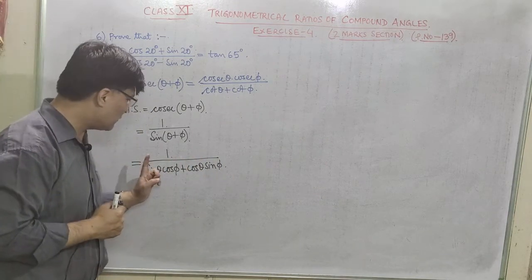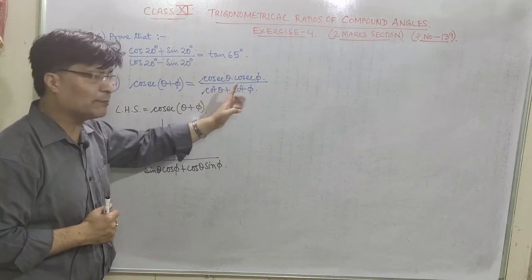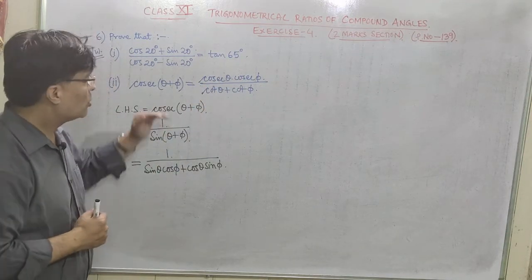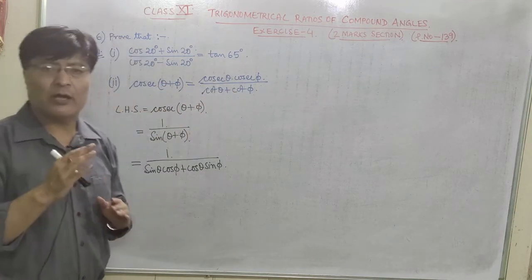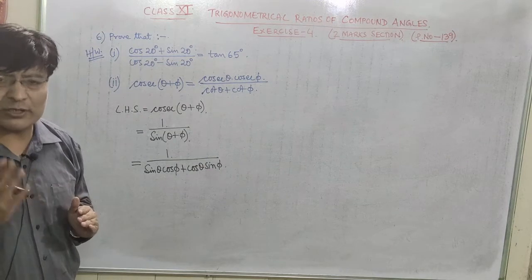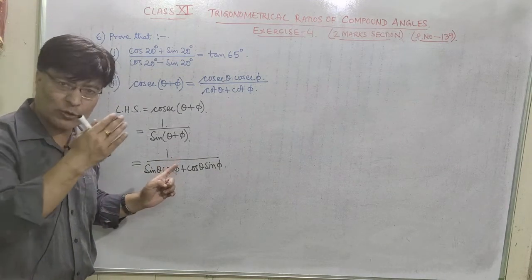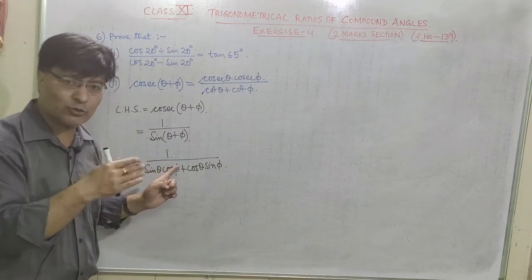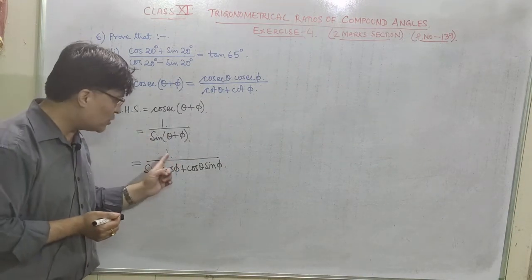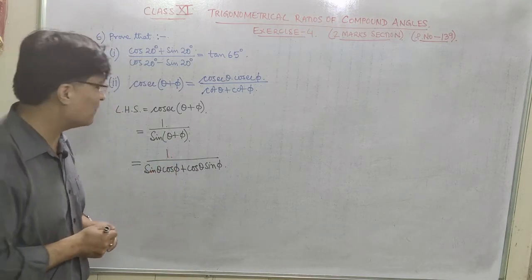So now you have to convert this expression in the form of cosec theta cosec phi divided by cot theta plus cot phi. So you should prove in the numerator cosec theta cosec phi. How can you prove cosec theta into cosec phi? It should be divided by sin theta into sin phi, because we know 1 by sin theta is cosec theta and 1 by sin phi is cosec phi, isn't it? That means you have to divide both the numerator and the denominator by sin theta sin phi.